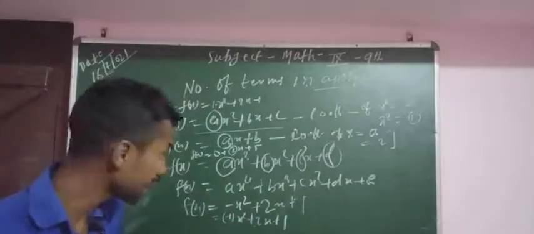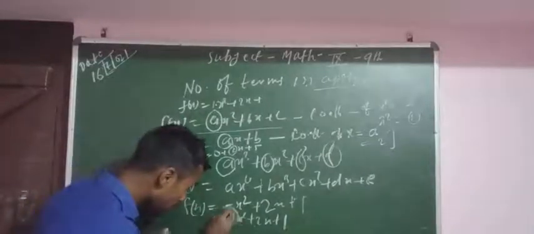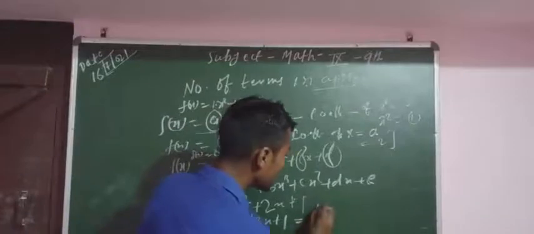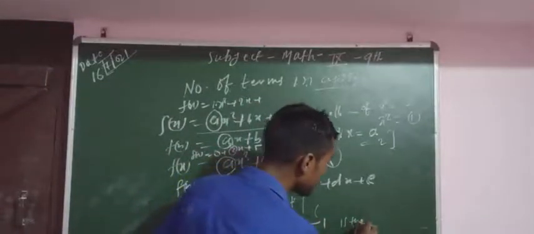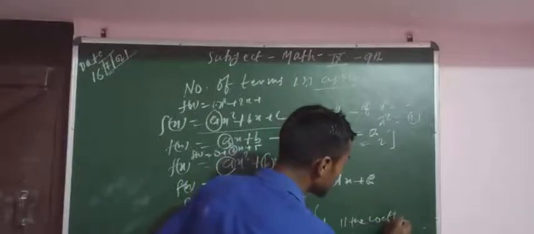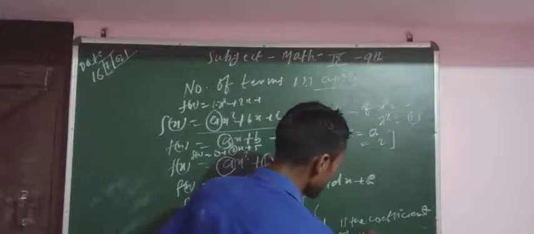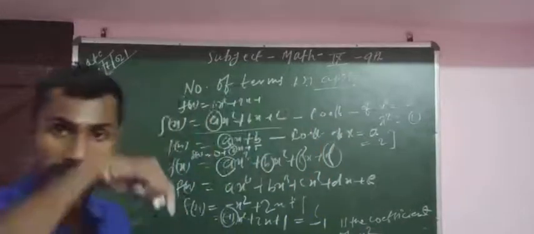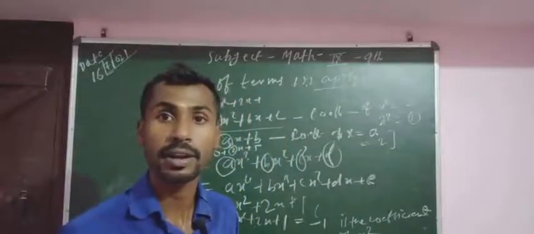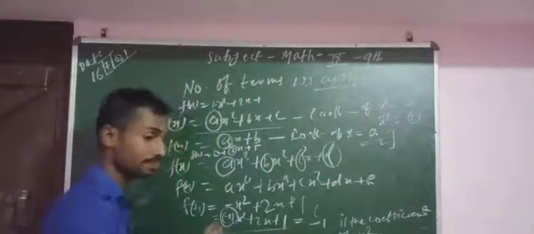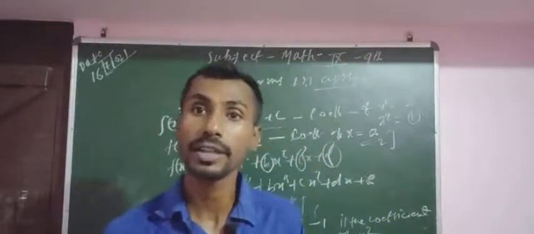So minus 1 is the coefficient of x square for this expression. We will use this concept for solving the question.